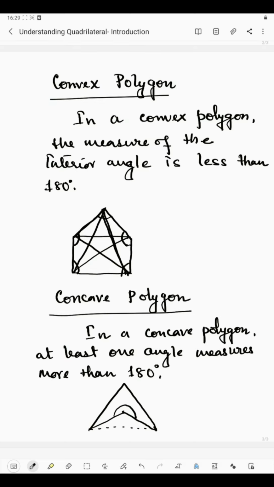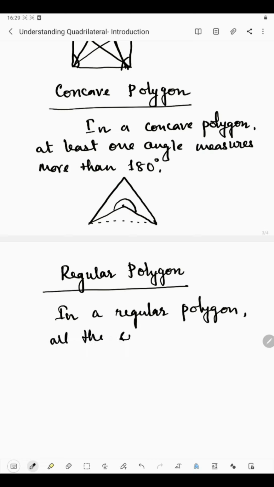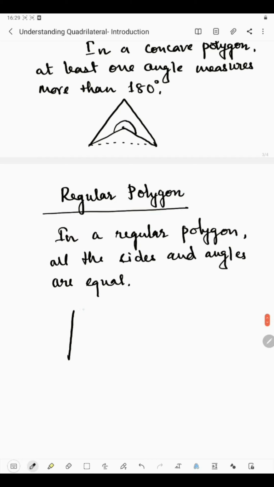Now coming to regular polygon and irregular polygon. In a regular polygon, all sides and angles are equal. Suppose I draw the figure, which shape is this?